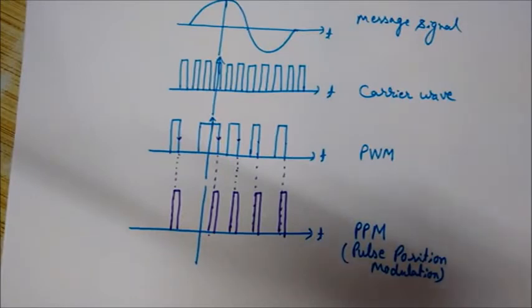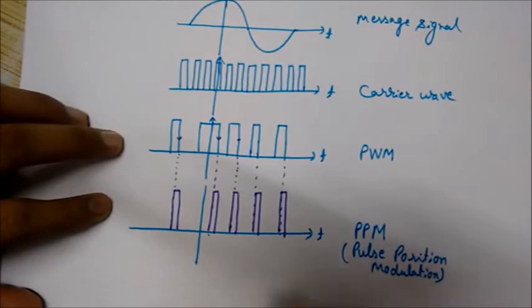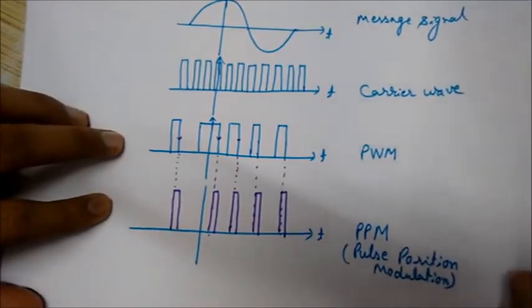So the PAM, PWM and PPM were the analog pulse modulation techniques that we have discussed. Now we will discuss pulse code modulation, PCM, which is the digital form of this pulse modulation technique.